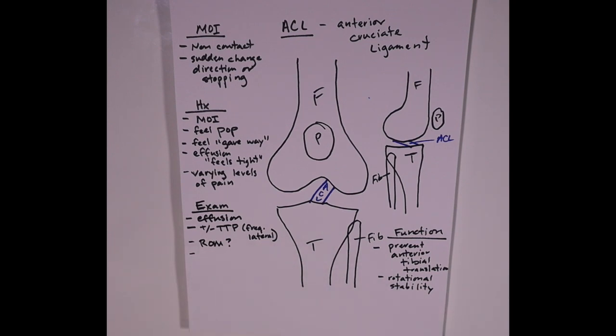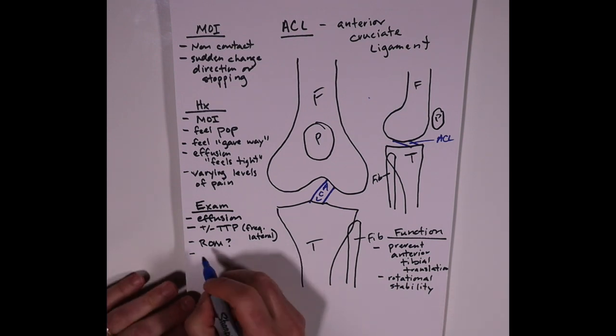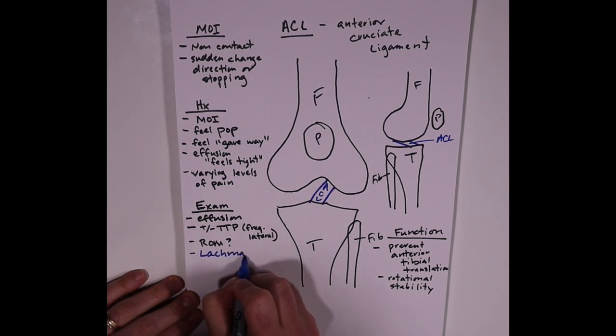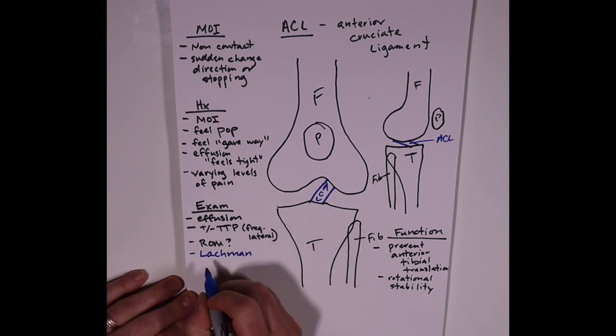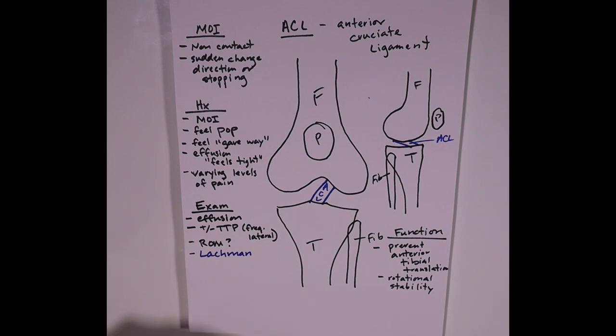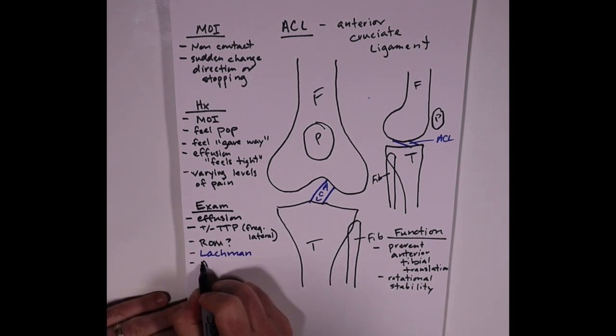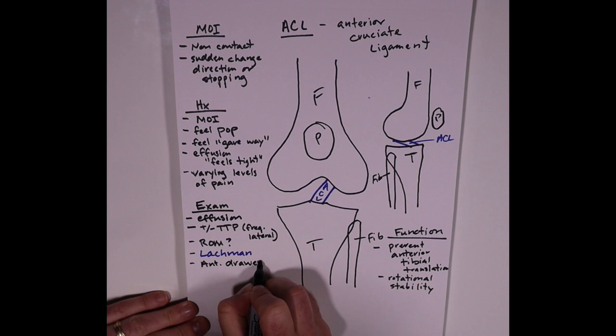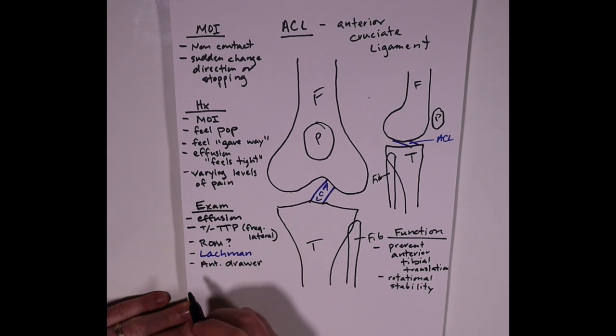And now here is where the money is from an exam standpoint. The gold standard special test on physical exam is the Lachman, and the other tests are the anterior drawer, which is much technically easier to perform but less sensitive as well.